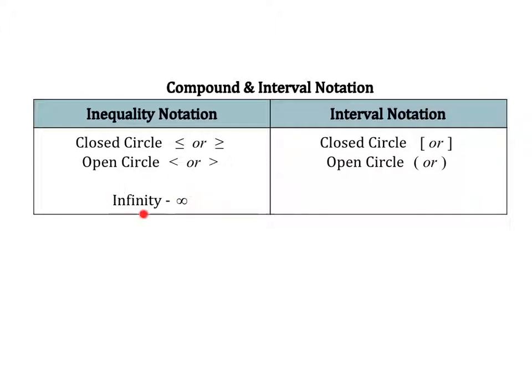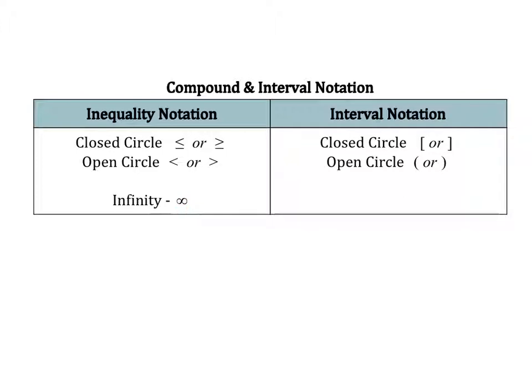If we have an arrow pointing to the right, so the numbers go up forever, or they go down forever, we use the symbol infinity to describe that. Infinity is the concept of going up forever and ever, or down forever and ever. Because there's no real number there, we call it infinity.